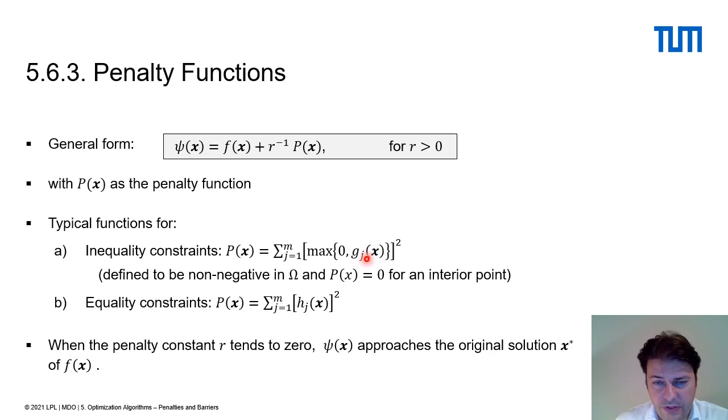And this, of course, is positive when you're outside your feasible domain. When you're inside, you're negative, and then the maximum operator would pull out the 0 instead. So you only produce a contribution to the penalty function when you're outside the feasible domain.